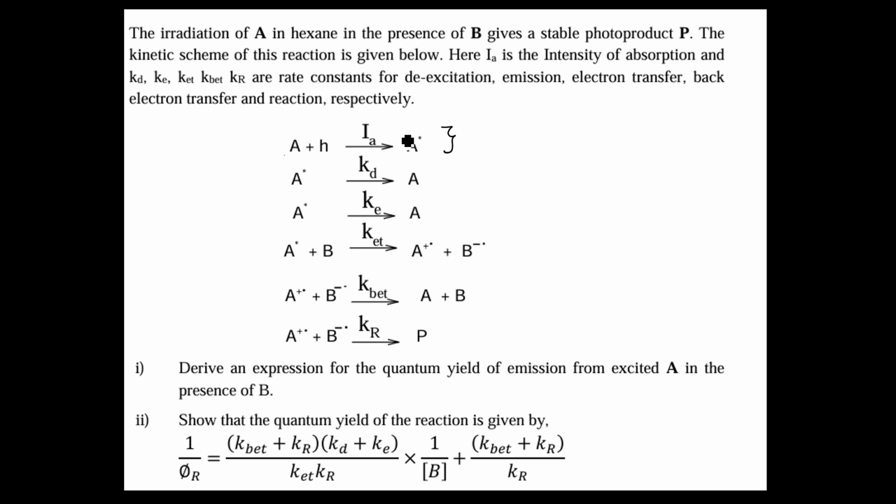Here we have a reaction of the excited A molecule with another B molecule, which forms a radical mixture. This radical mixture then forms ground state A and B, and finally we have the product formation.